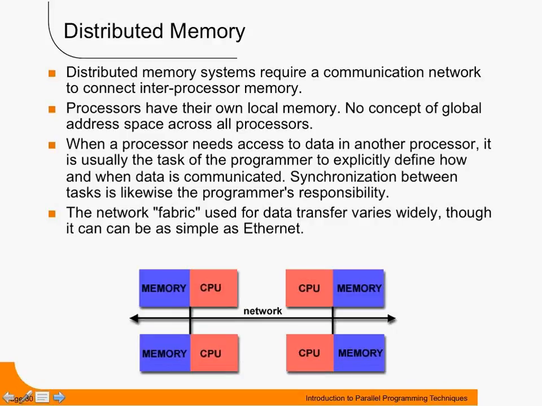Then you can pass a message here and say, I want the data of this rank or that rank. One example is MPI, the message passing interface. That is the de facto standard for programming distributed memory. There are many implementations of the standard available, like OpenMPI, MPICH, and Intel MPI, and so on.